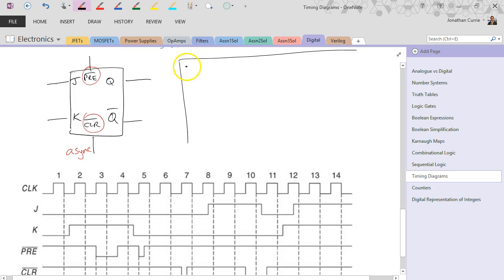So we've got preset and clear, both active low because they've got those bars above them. Oh, can't forget my clock. Clock, J, K, Q of t plus 1, and function.